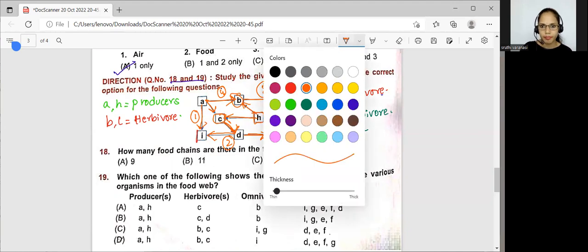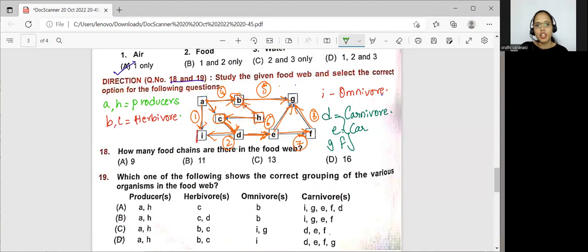H to B itself, if it does not go further, it will stop. This is also one more food chain, number 8. H to C, C to D, D to I is the ninth food chain. So how many food chains are you seeing, students? In total, 9 food chains.